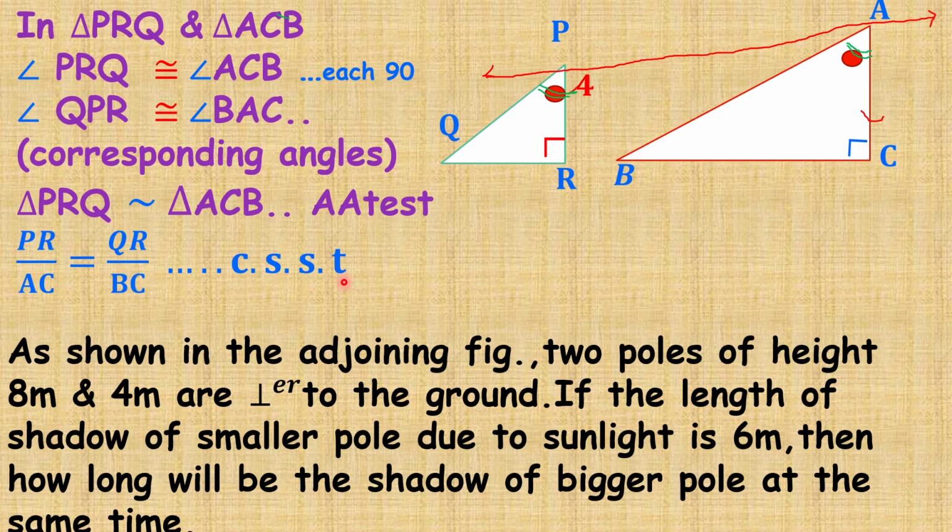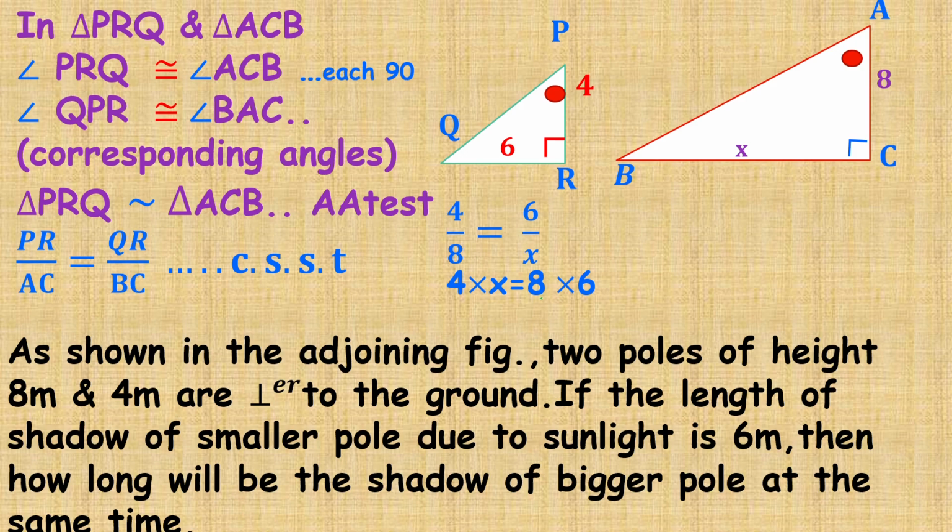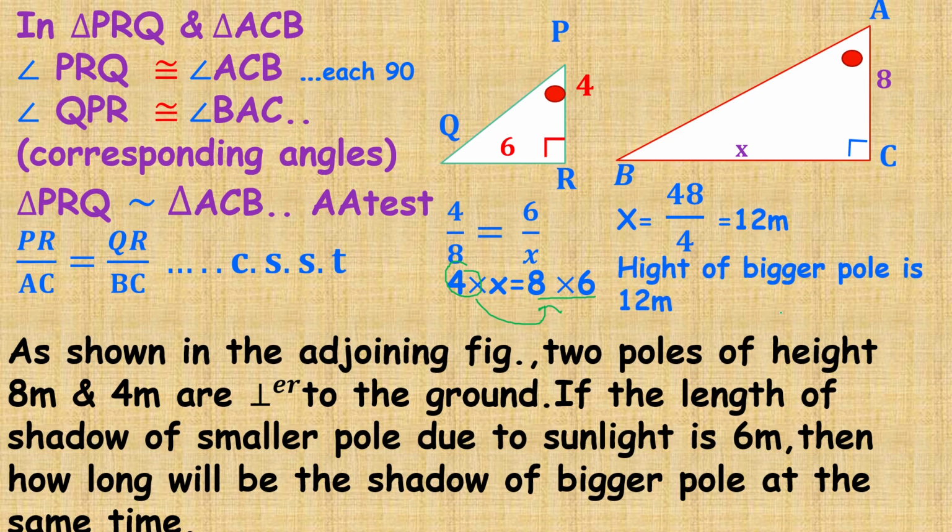That means PR is given 4 upon AC is given 8 is equal to QR is given 6 upon X. Then we take cross multiplication here. 4 into X is equal to 8 into 6. 8 sixes are 48 and transfer this 4 to the other side. Multiply becomes divide. Therefore, X is equal to 48 upon 4. That means 12 meter. Therefore, the shadow of the bigger pole is 12 meter.